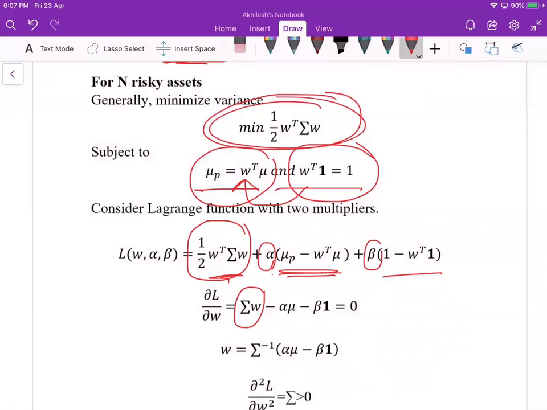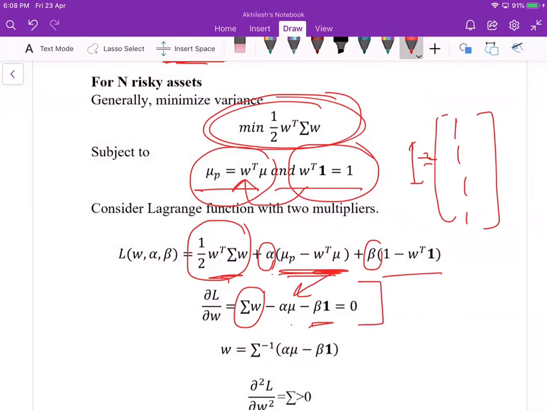1 is the unit column matrix. Okay, something like 1 1 1 for 4 assets, like this. This is the unit matrix. Okay. So after taking the derivative with respect to w, we have this equation, and we'll set it equal to 0 to get the optimal parameter.